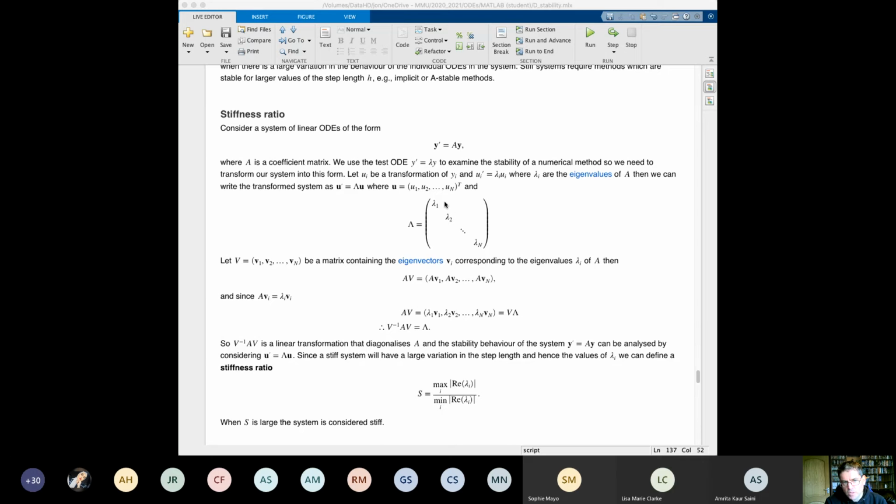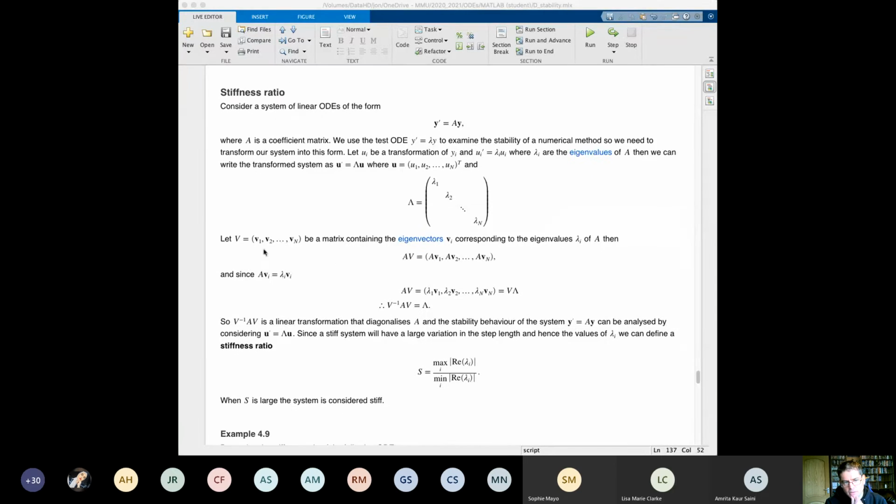So we can write our system of transformed equations as u' = Λu. This looks like a capital A without a horizontal bar; it's actually the uppercase Greek letter lambda. Λ is a diagonal matrix with the eigenvalues on the main diagonal. We need to show that we can have a linear transformation from y to u.